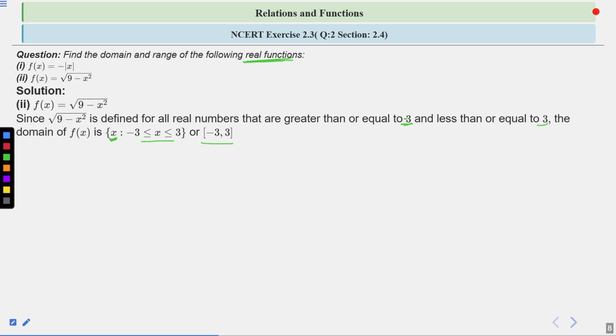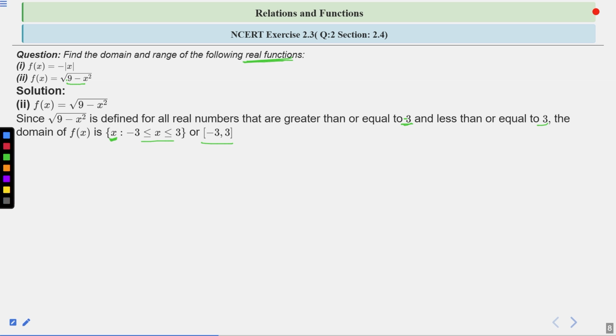Now suppose you put any real number less than minus 3, say minus 4.